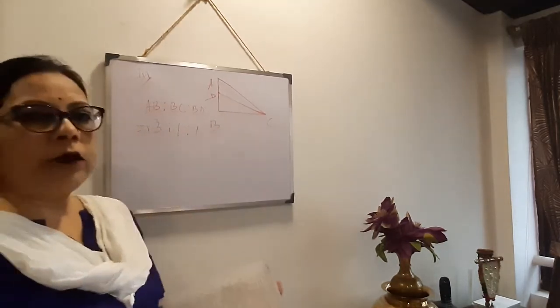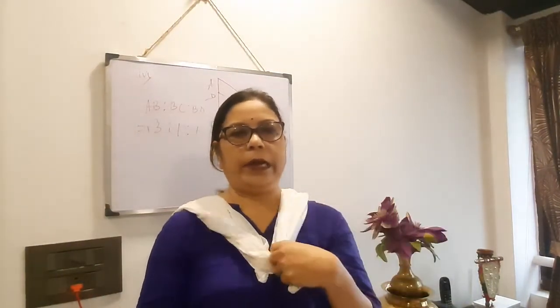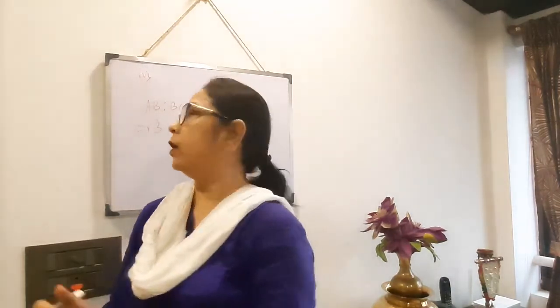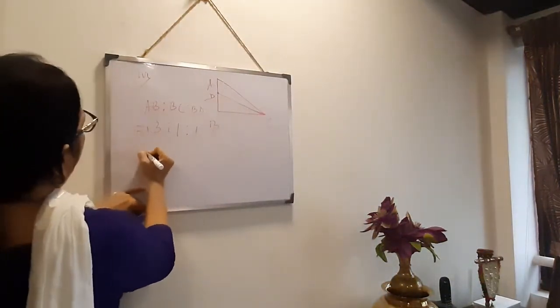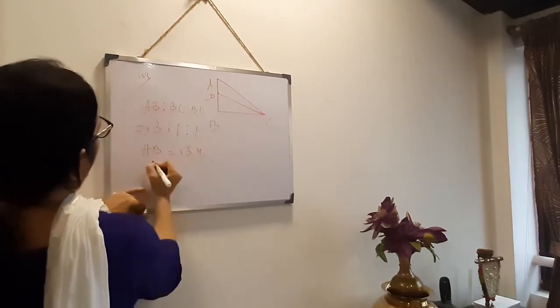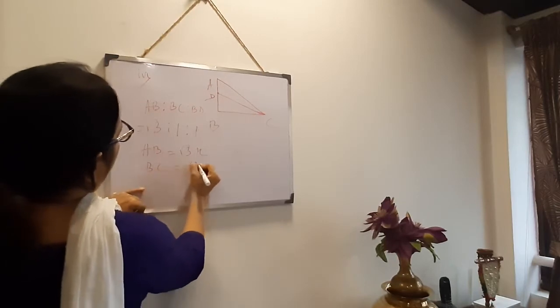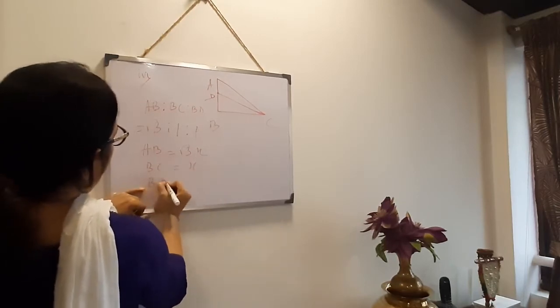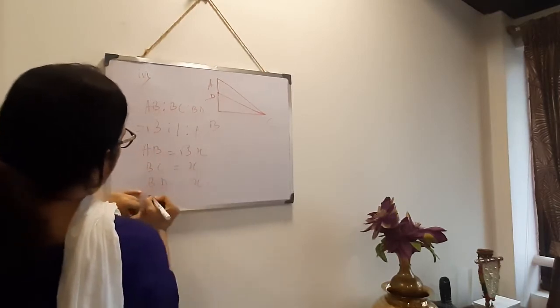Clear? Now here ratio given. So from here when we will take the length, we can consider one common multiple x. So here AB will become root over 3x, BC will become x and BD x, where x is common multiple.